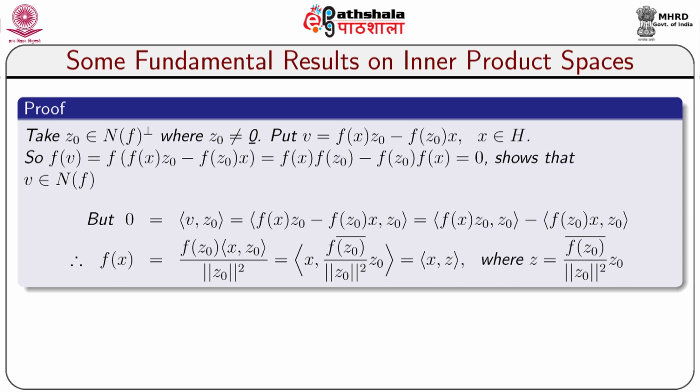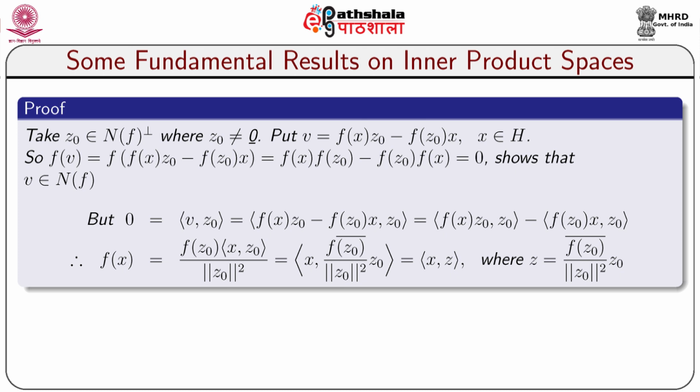Take z0 belongs to N_f perpendicular, where z0 is a non-zero vector. Put v equal to f(x) z0 minus f(z0) x, where x belongs to capital H. So, f of v is equal to f of (f(x) z0 minus f(z0) x), which is equal to f(x) f(z0) minus f(z0) f(x), which is equal to 0, showing that v belongs to N_f.